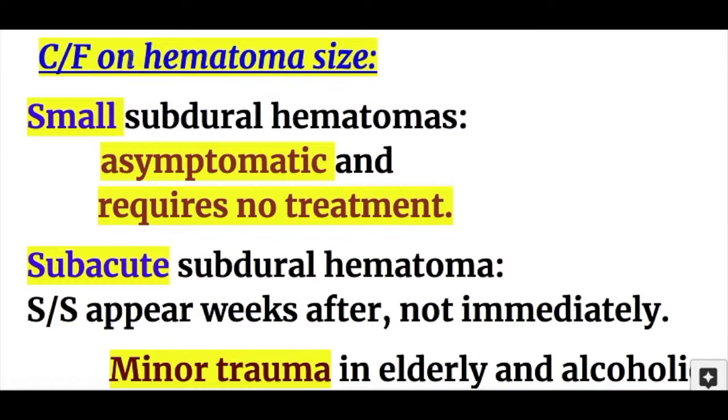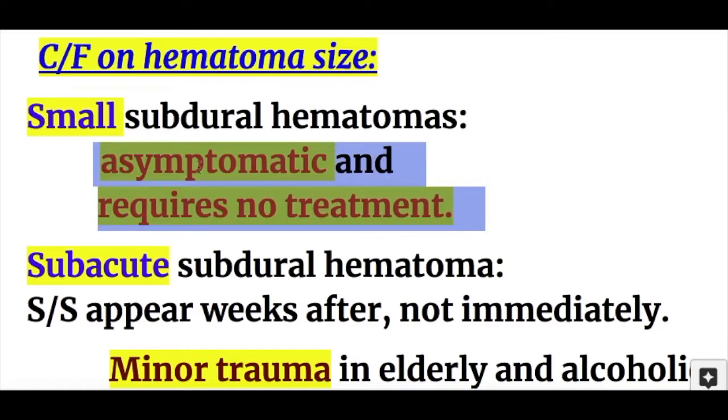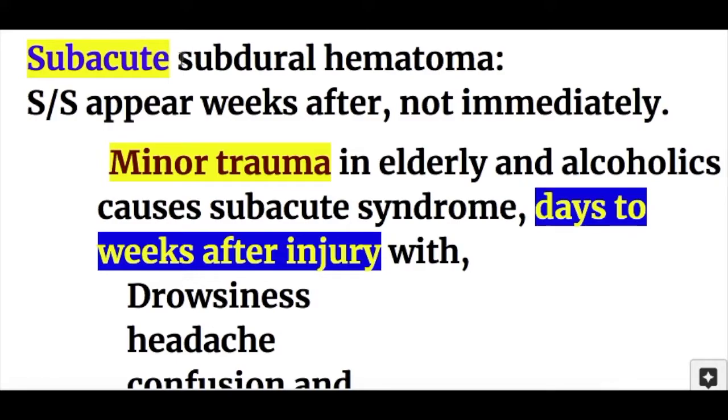Now the clinical features of the subdural hematoma depend on hematoma size. So let's do the clinical features based on hematoma size. Small subdural hematomas are asymptomatic and require no treatment. Number 2, subacute subdural hematoma. Signs and symptoms appear weeks after the injury but not immediately.